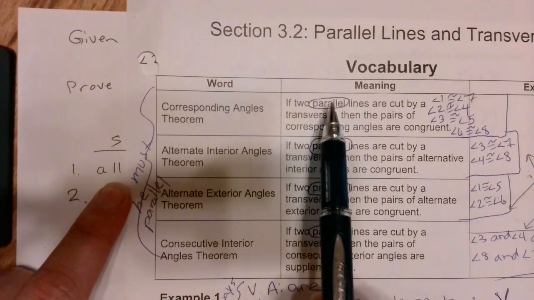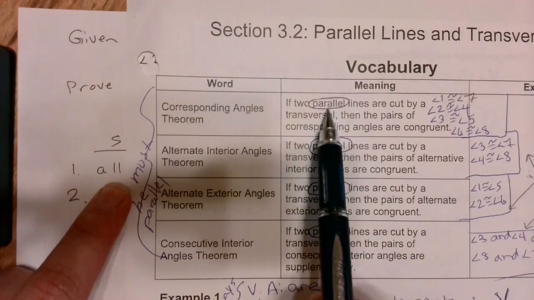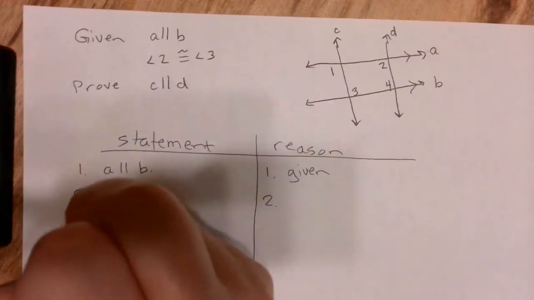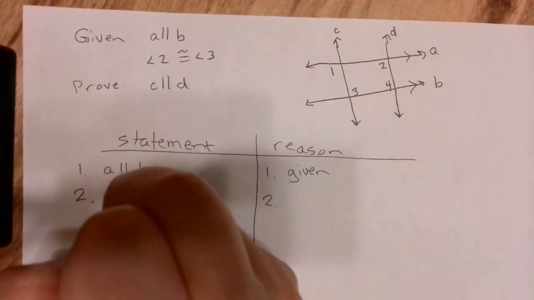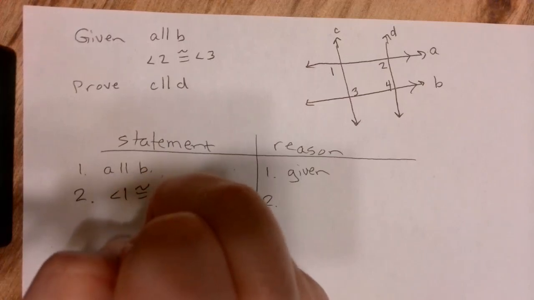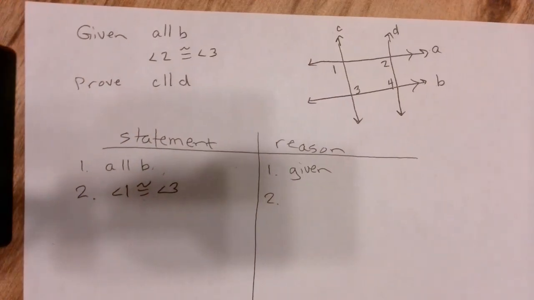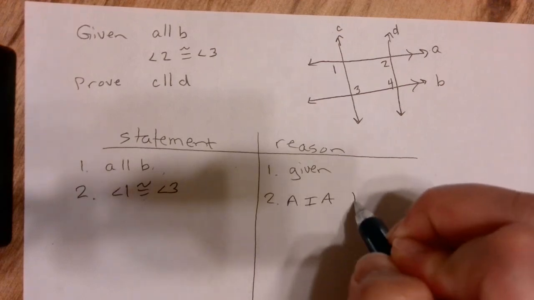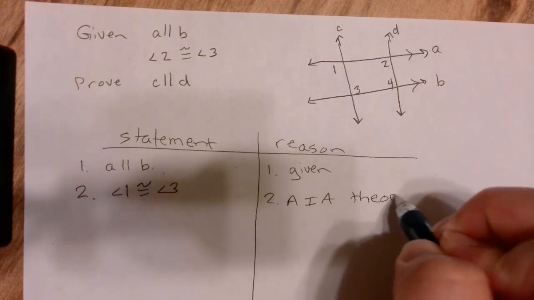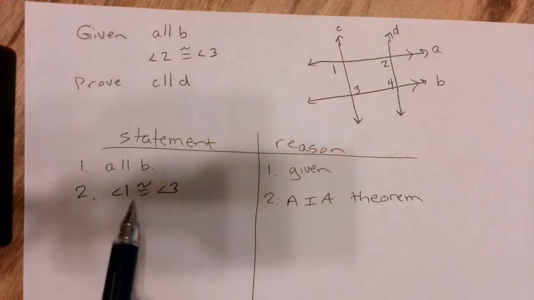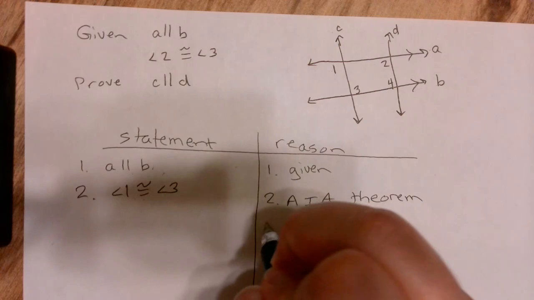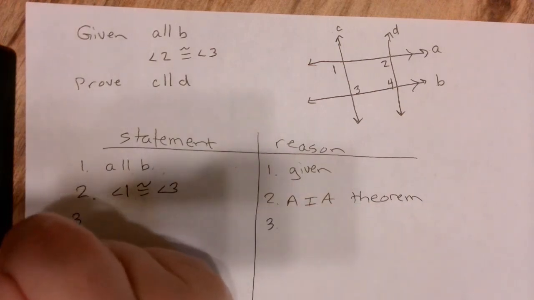The alternate interior angles are congruent. Angle 1 is congruent to angle 3 by the alternate interior angle theorem. We're using the theorem because we know A and B are parallel. Let's put our other given down.